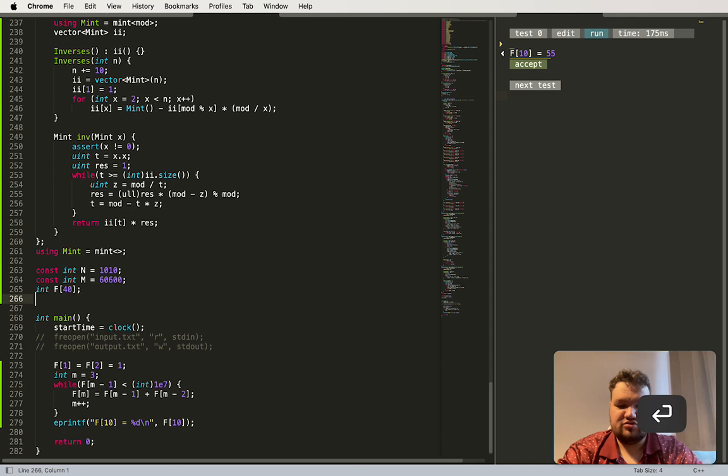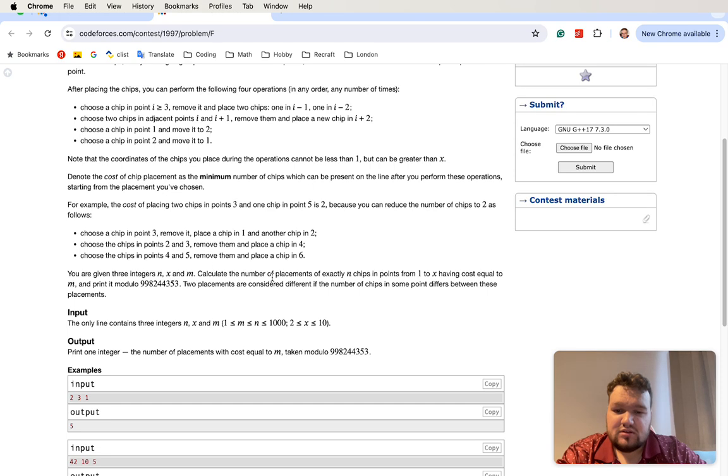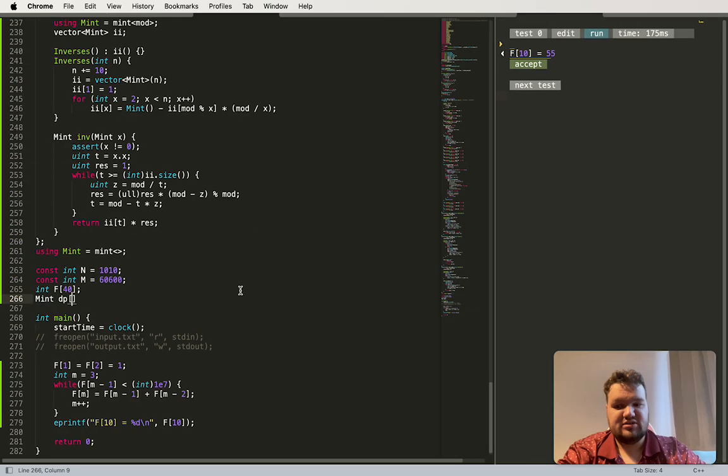So now we want to do the DP. I want to place exactly n chips. The placement of the chips is described by how many chips you place in every position.